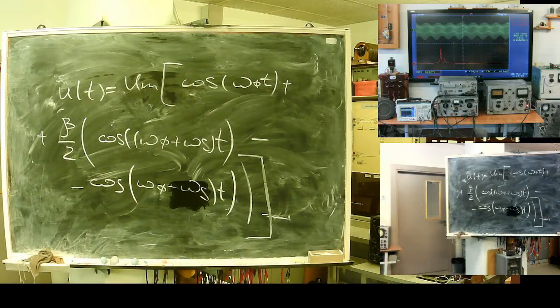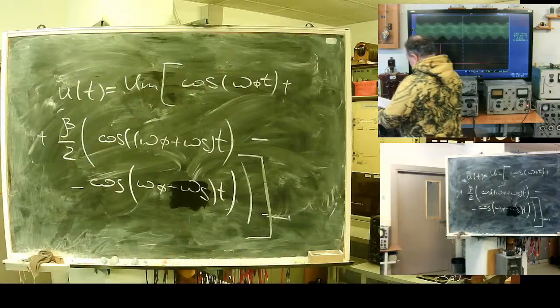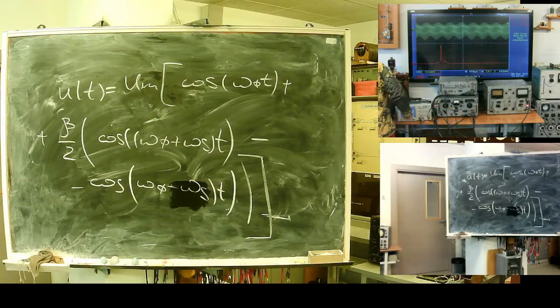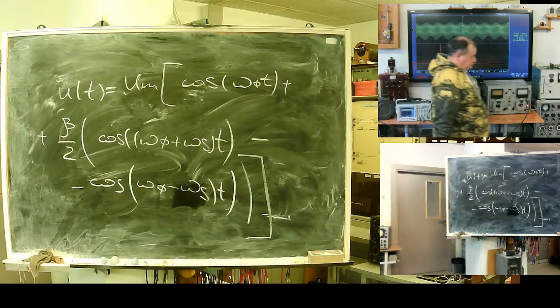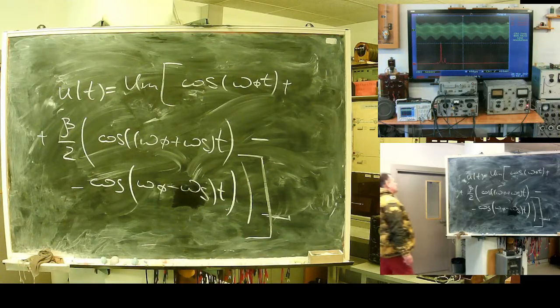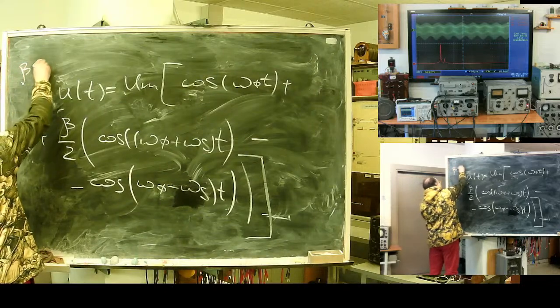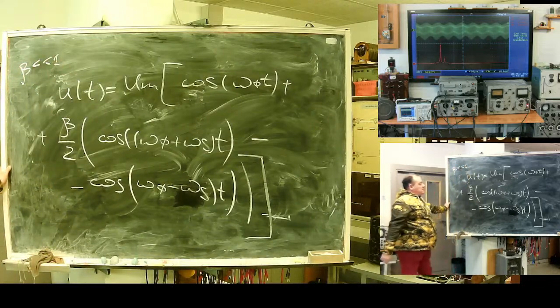In case of low betas, small betas, we see something similar to an amplitude modulated signal.